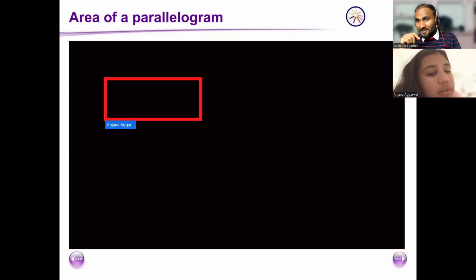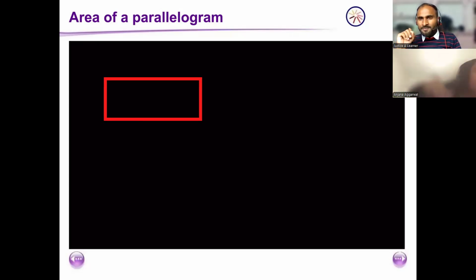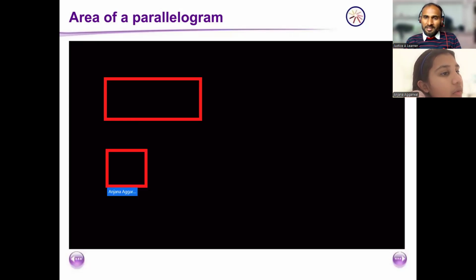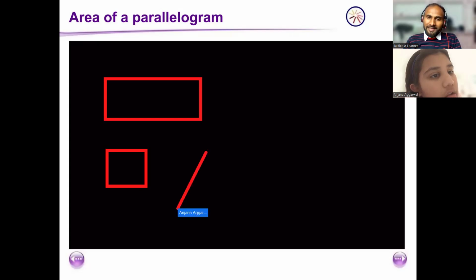Yes, great. Now I'm asking you to draw a square. Great. Now I'm asking you to draw a parallelogram that also has four sides. You don't know? I'm giving you a hint.